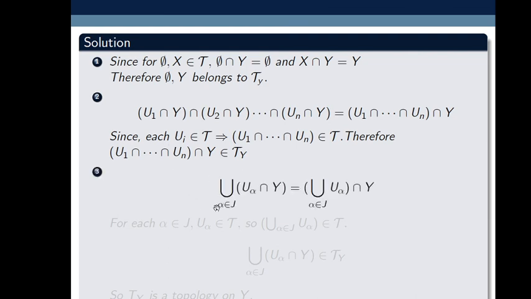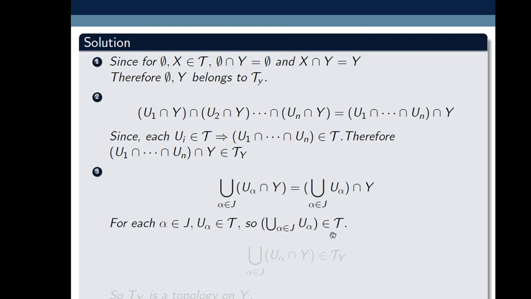Now the arbitrary union. For alpha belongs to J, U alpha intersection Y can be written as the union of U alpha, alpha belongs to J, intersecting with Y. Since for each alpha belonging to J, U alpha is a member of topology tau, the union of U alpha also belongs to tau.